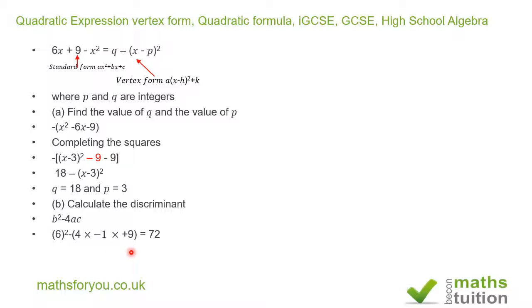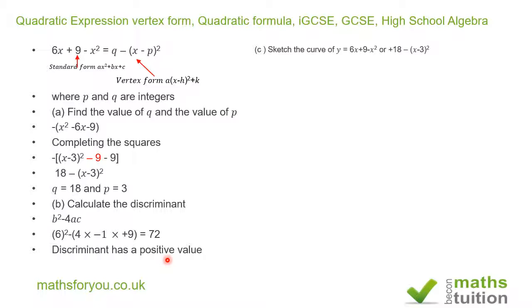So we end up with 6 squared minus 4 times minus 1 times plus 9, which is equal to 72. That's a positive number, which indicates that if we sketch a graph of this expression, the graph cuts the x-axis at 2 points.